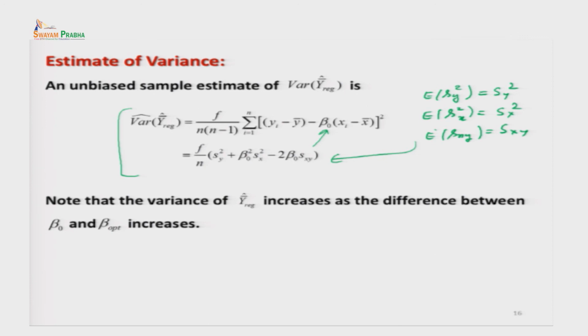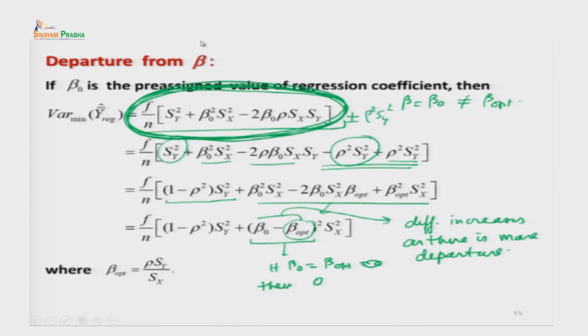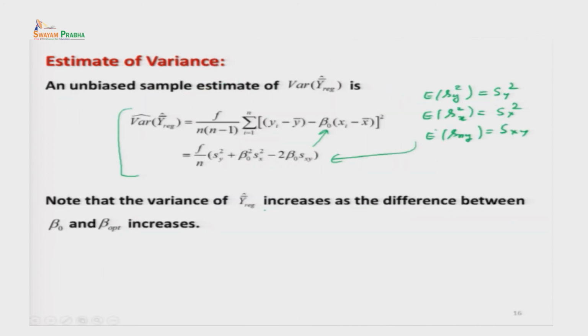And you can note from this expression that the variance of this regression estimator increases as the difference between beta 0 and beta optimum increases. Okay.